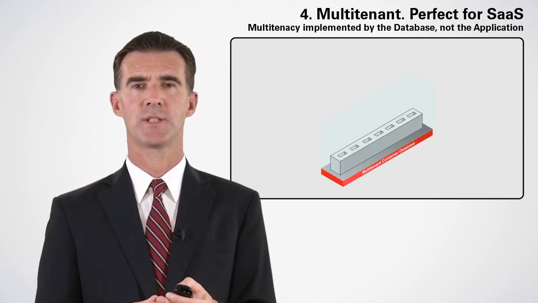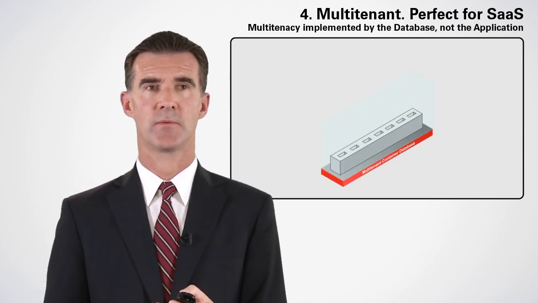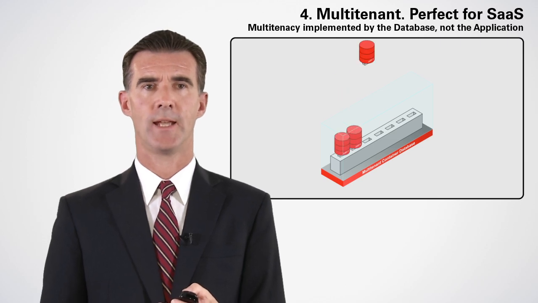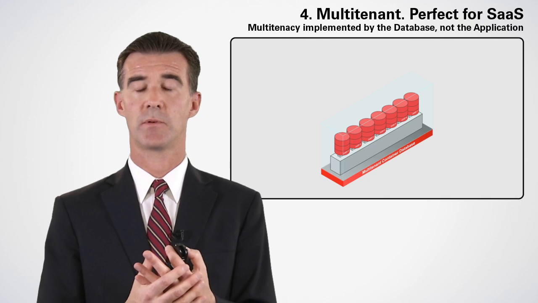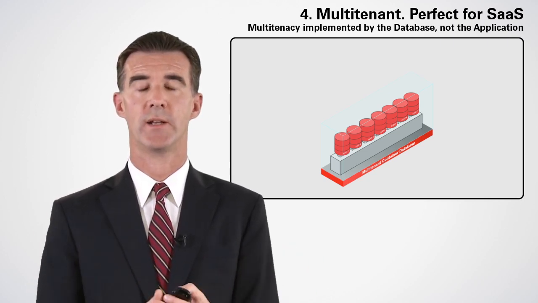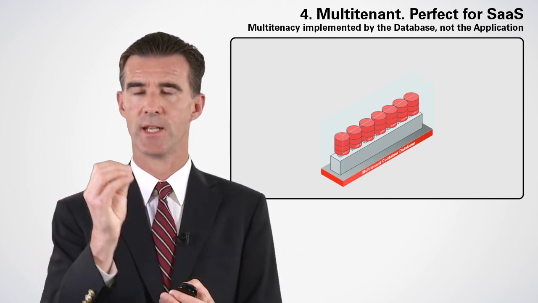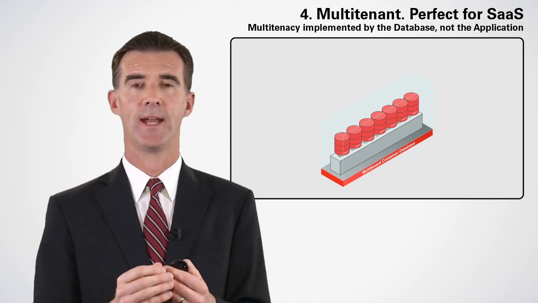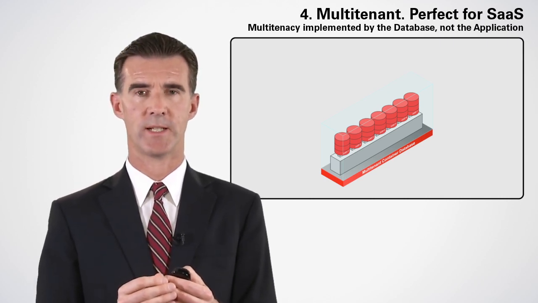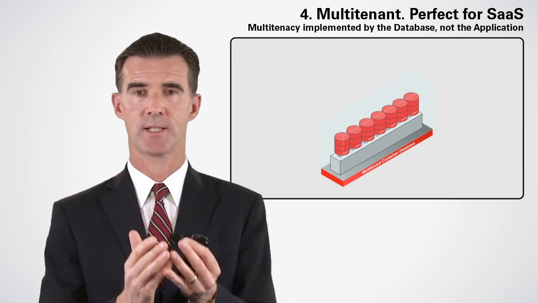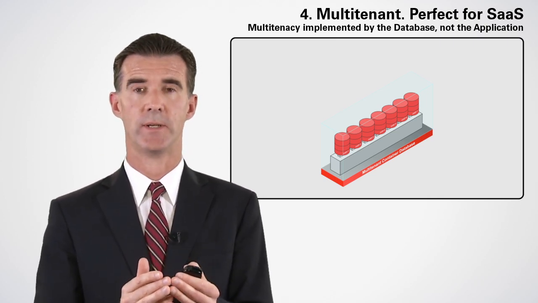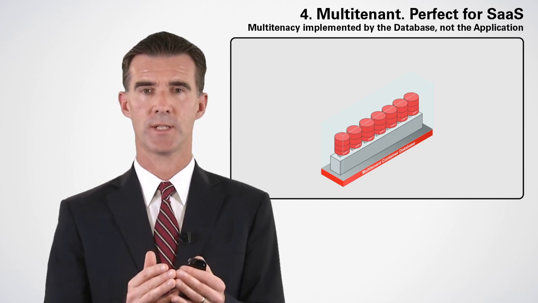The fourth use case is software as a service. In this example, we have a single consolidated environment, which means that the provider only needs to manage one environment, but the individual tenants are all hosted in their own dedicated pluggable database. Consider the requirements. Tenant isolation. Well, each tenant is contained in his own self-contained PDB. You'd want security.